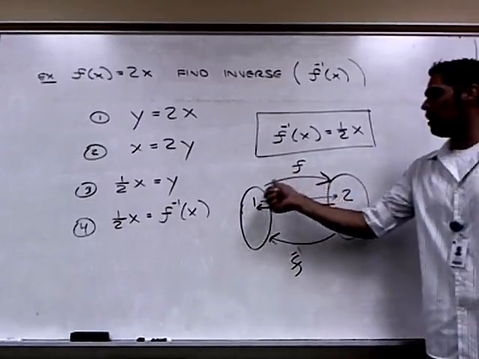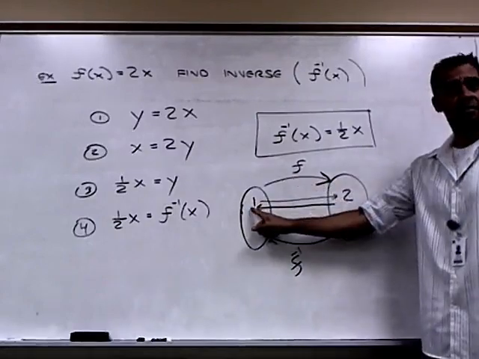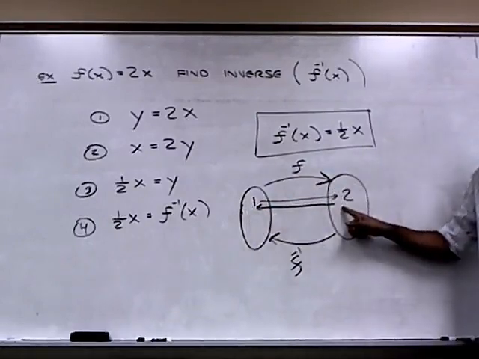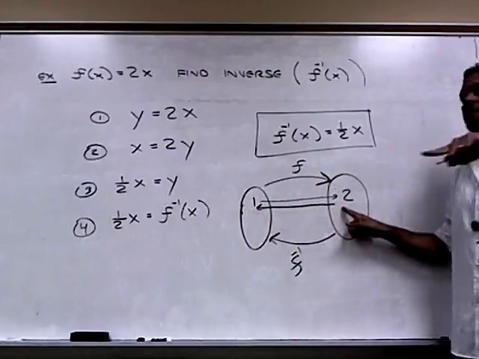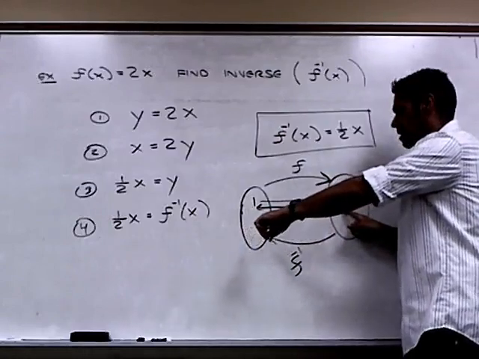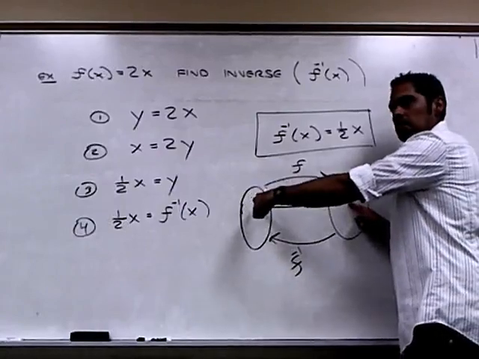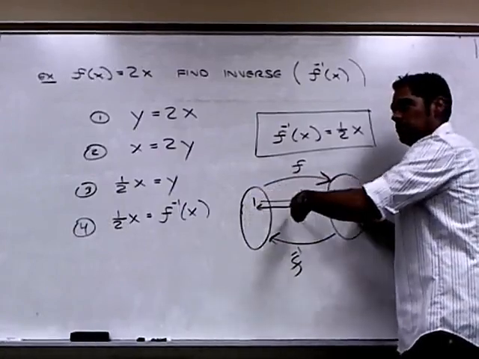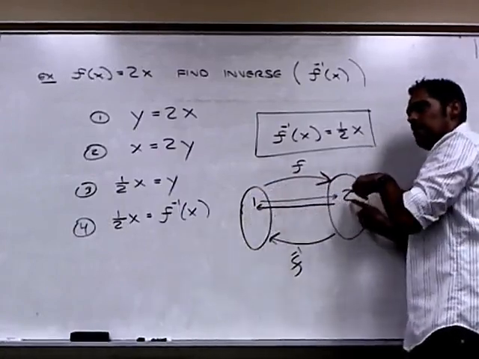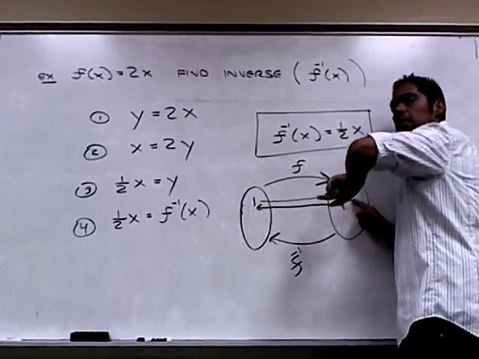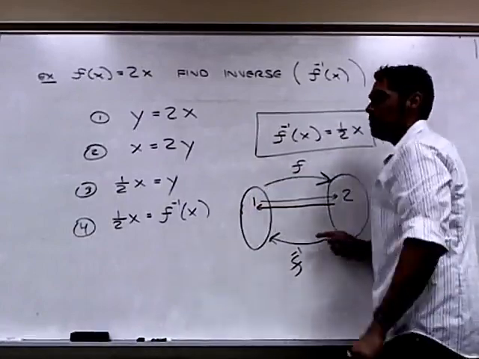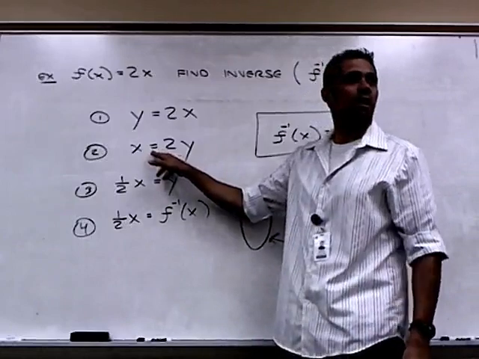So going from left to right, this was x, and this was y. But in the other function going backwards, I wanted my y to go back to what? X went to y. In the inverse function, I want my y to go back to x. So remember this second step where I switched x and y?